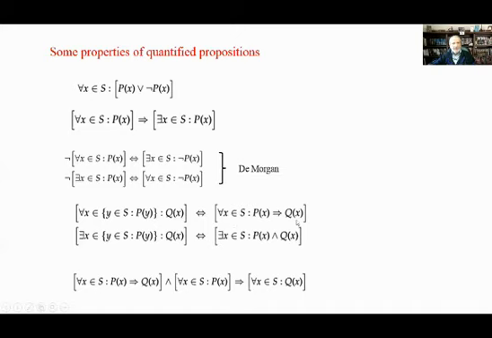So Px implies Qx. Here's another one, very interesting. There's x in S, Px is true, such that Qx is true. So this means there's x in S where Px is true and Qx is true.